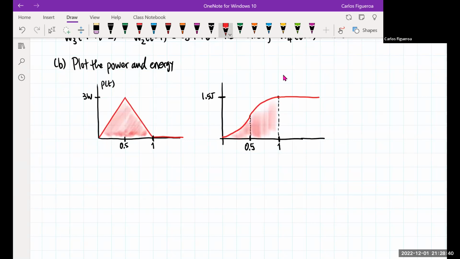And so this guy is the energy curve. And again, this line right here shows that the power supply stops supplying any additional energy.